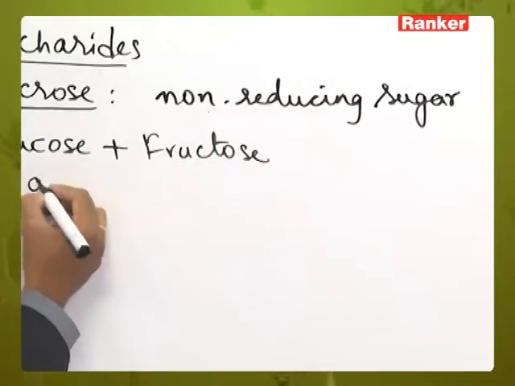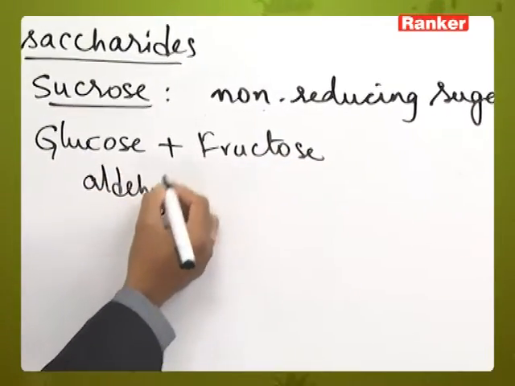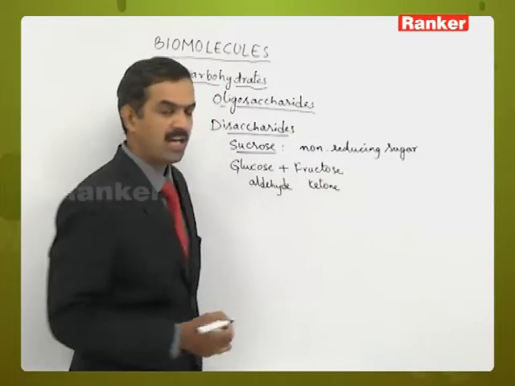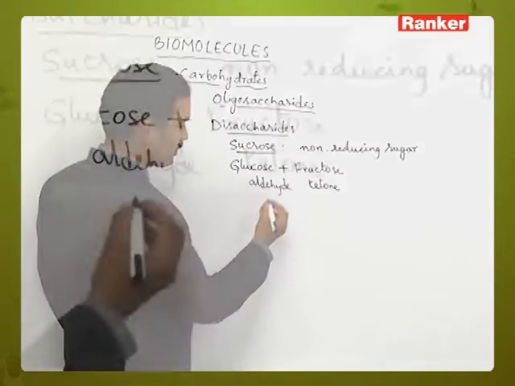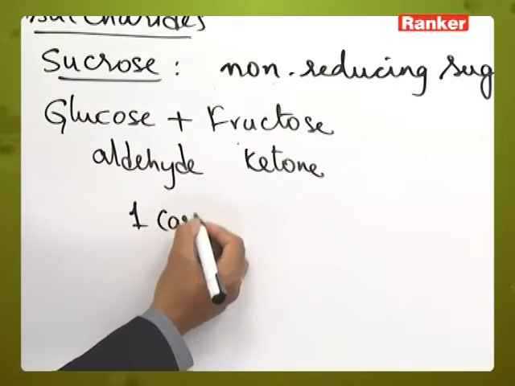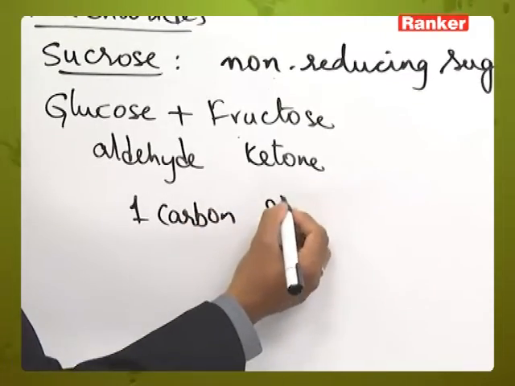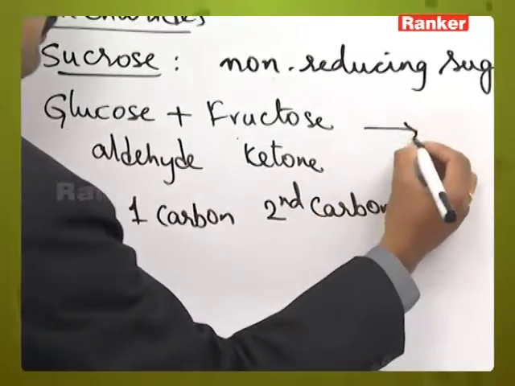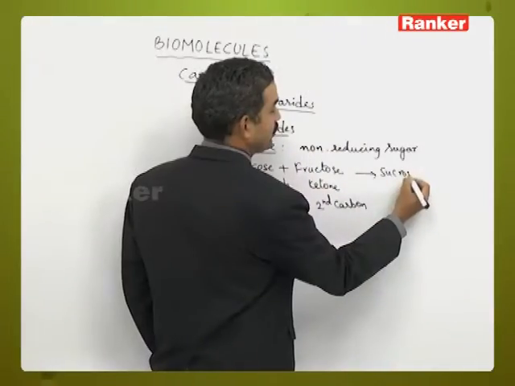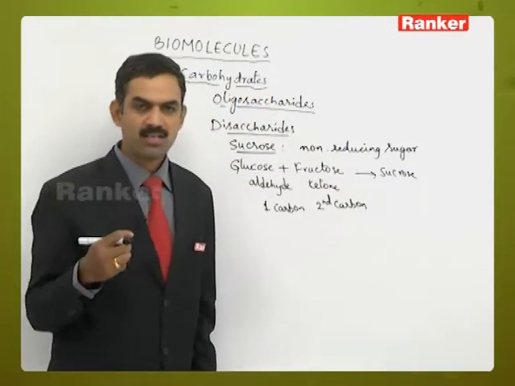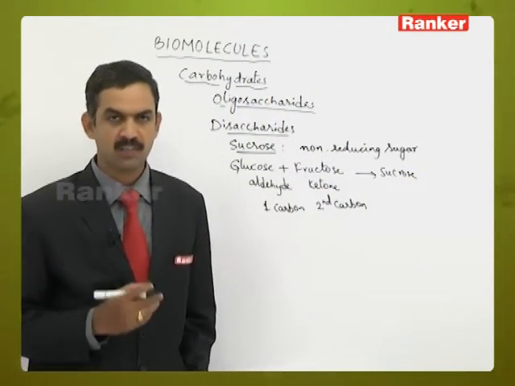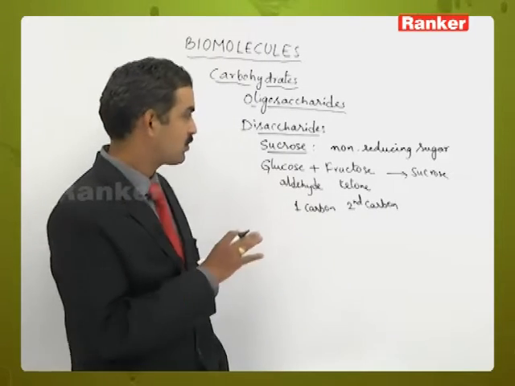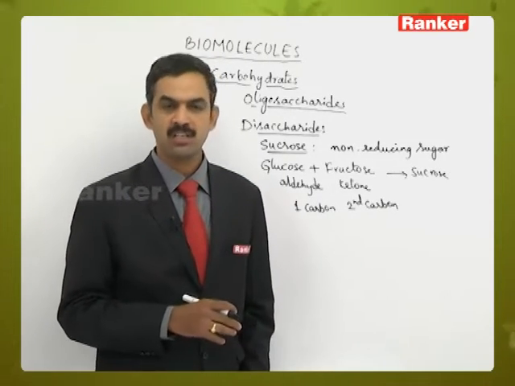The aldehyde group of glucose and the ketone group of fructose are bound to each other, that is, the first carbon of glucose and the second carbon of fructose are bound to form the sucrose molecule. As the functional groups are not available to form a new bond with other molecules, we consider this a non-reducing sugar.